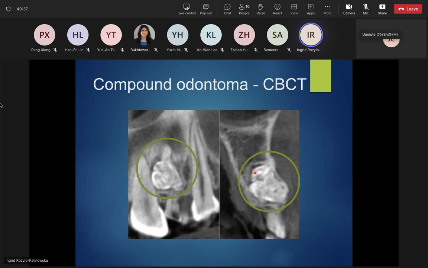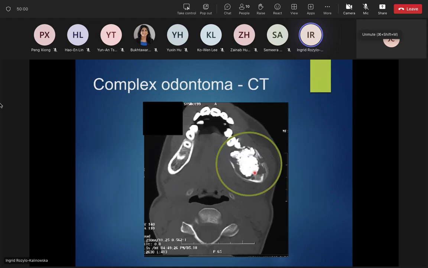But if you have a lot of these tiny teeth, they will not be surrounded by a common capsule, so they will be located in the bone without a definite border, like in the case of this odontoma tumor. In complex odontoma, the tissues are completely mixed between themselves, and they form a very densely calcified mass that you can see here in the circle.